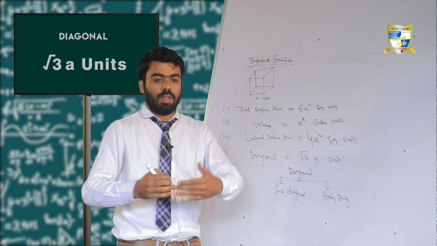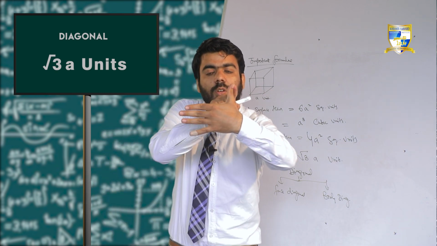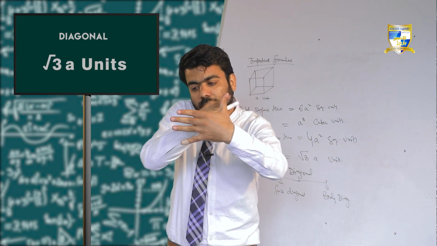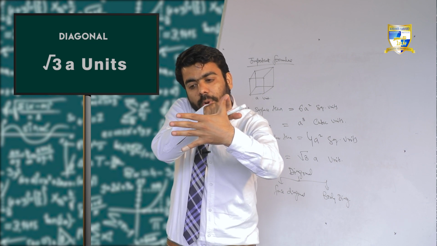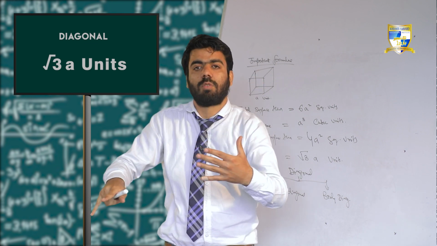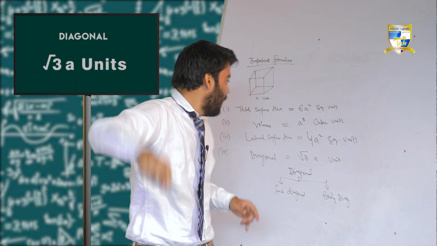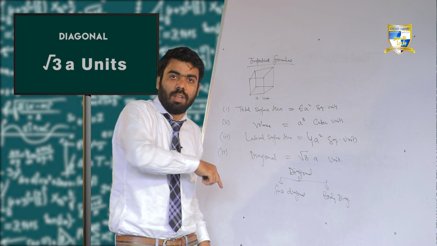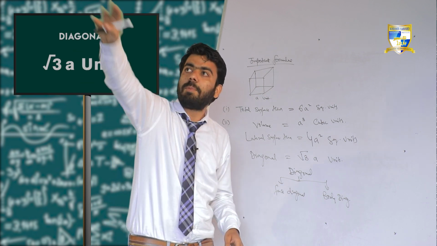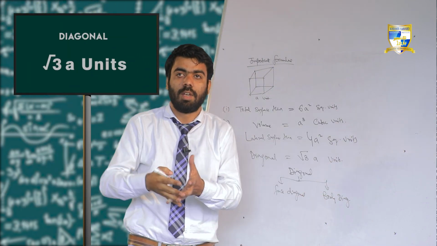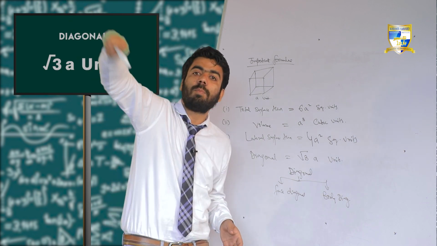Face diagonal means if you take a front face, this is a corner and this is the opposite corner. The length which connects this point and this point is known as a face diagonal. But if I take this room, that corner and this opposite corner, this is known as a body diagonal because it passes through the 3D body.